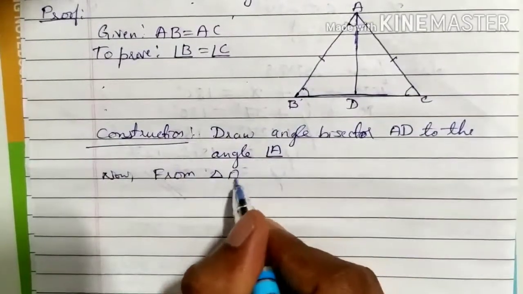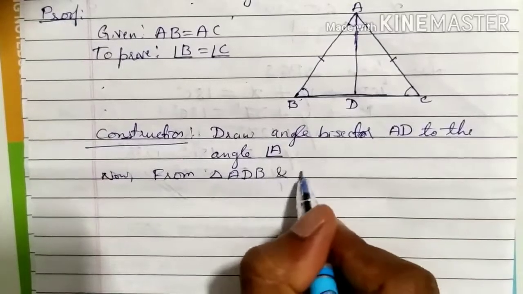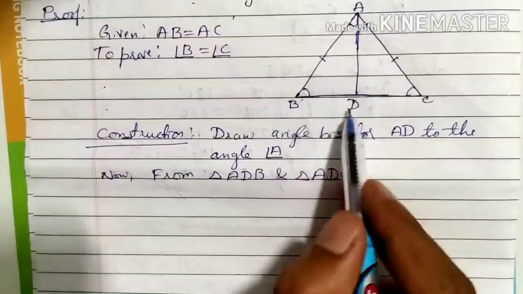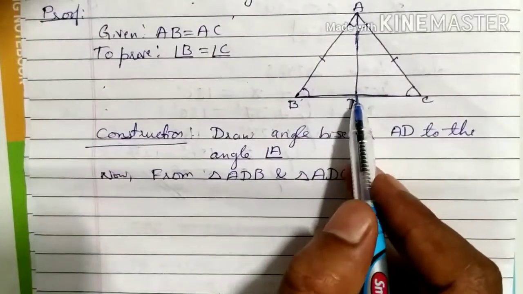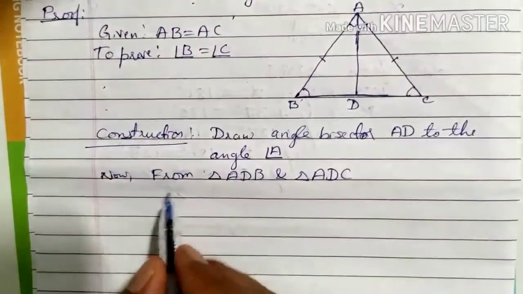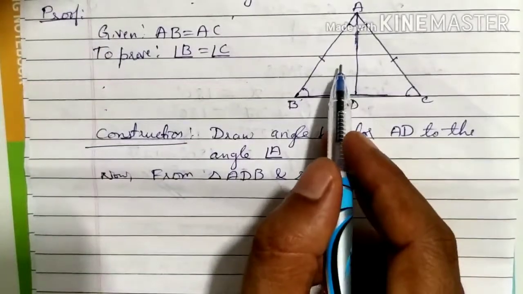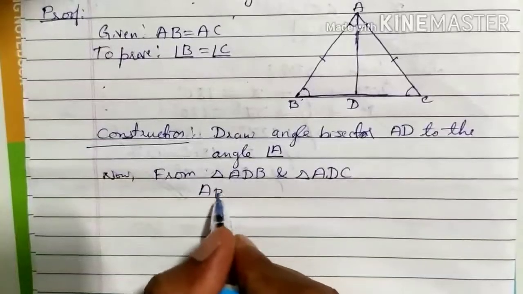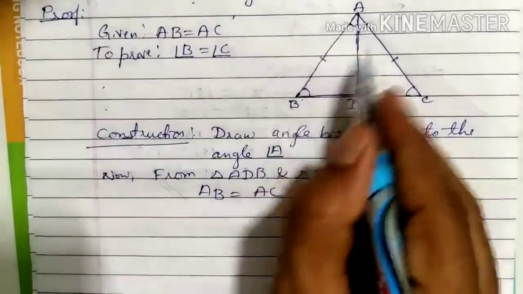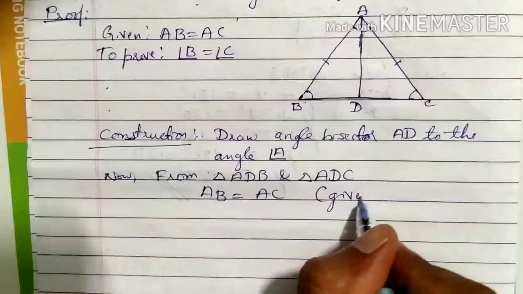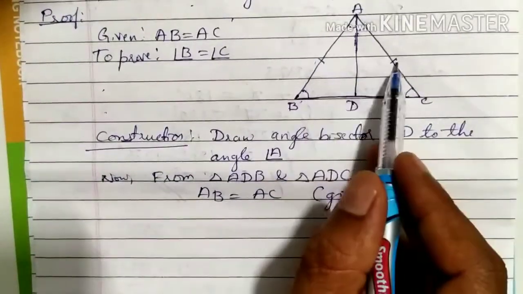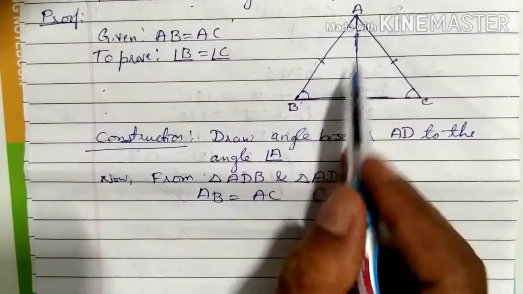From triangles ADB and ADC, the angle at D is not necessarily 90 degrees. From these two triangles you can see that AB is equal to AC, so it is given.